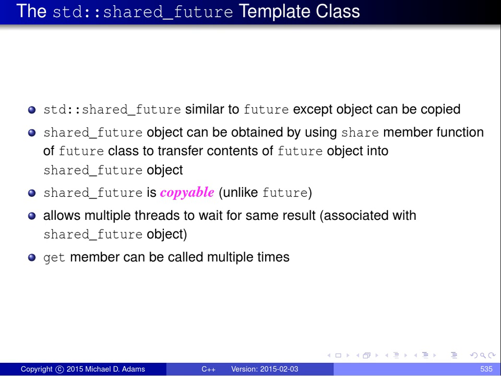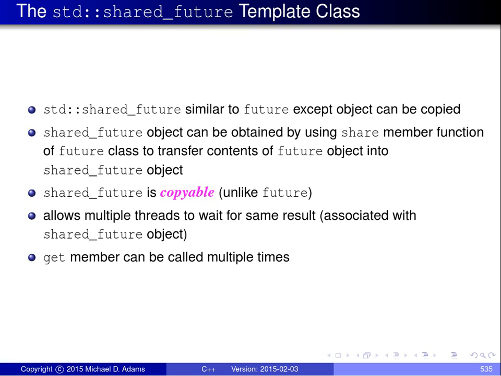In other words, shared futures can be used to have multiple threads read the result that's written into a corresponding promise object. And the reason this is possible is because the shared future objects are copyable. In the case of the future class, objects of that class are not copyable, so you couldn't use those objects in this way to be able to propagate the result that's written into a promise to multiple threads.